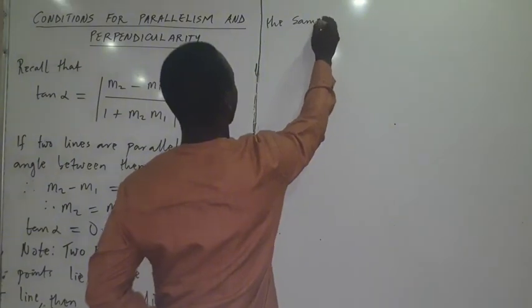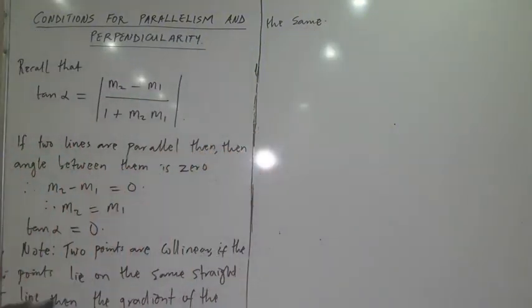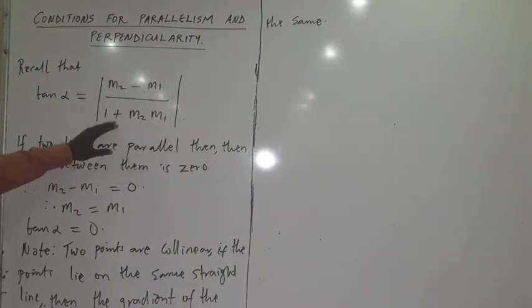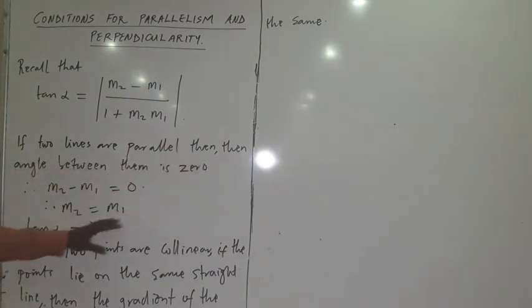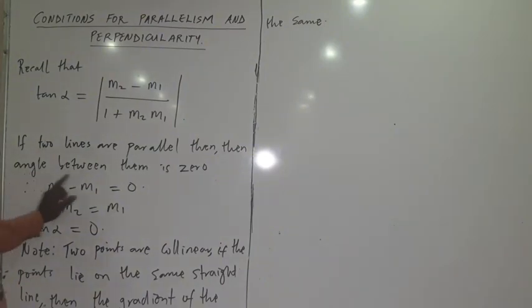So this is for parallelism. Recall that tan alpha equals the absolute value of m2 minus m1 all over 1 plus m2 m1. So if two lines are parallel, then the angle between them is 0, that is, m2 minus m1 equals 0.